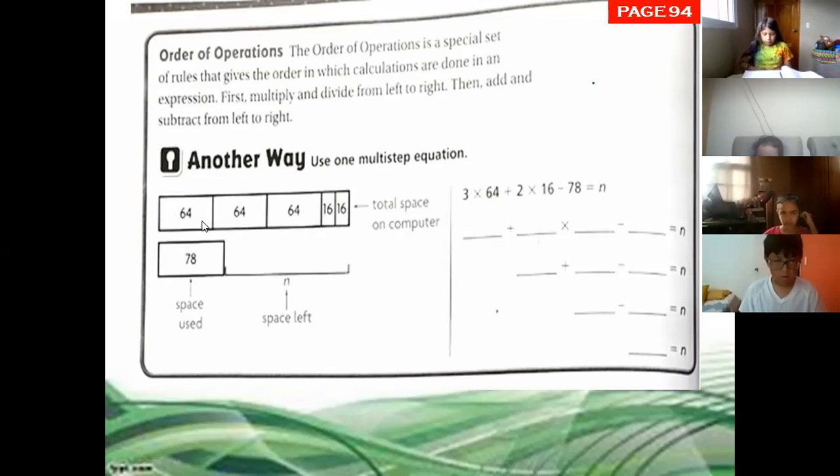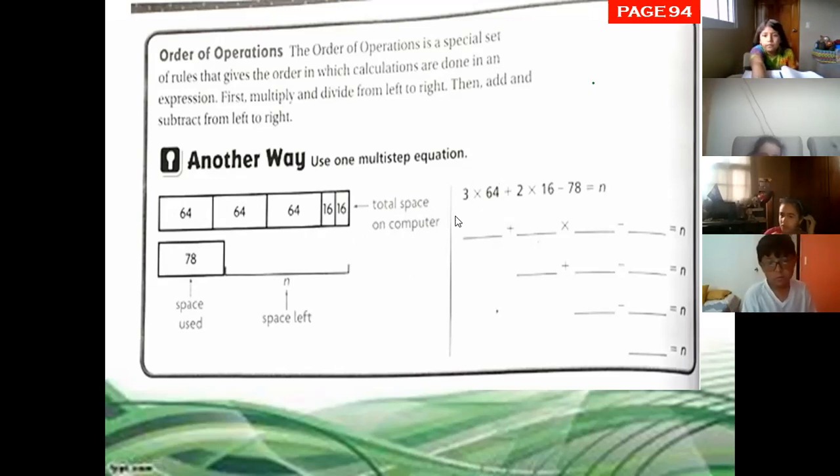You can write the three hard drives of 64, and the two of 16. This is the total space of the computer, okay? And then we have the space that Chris Mari had used, and the space left.